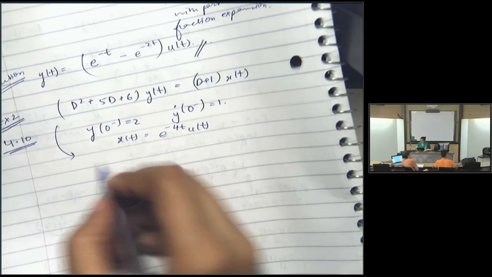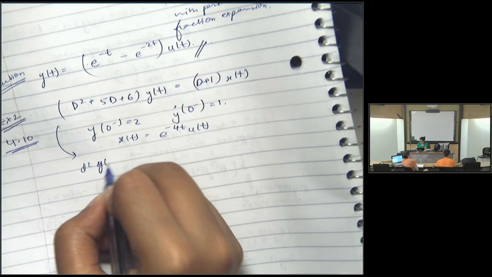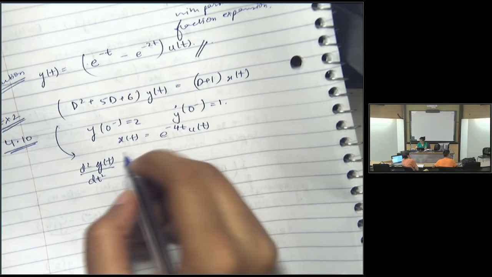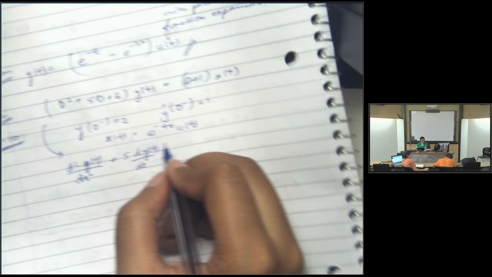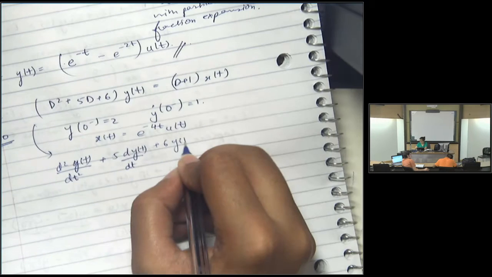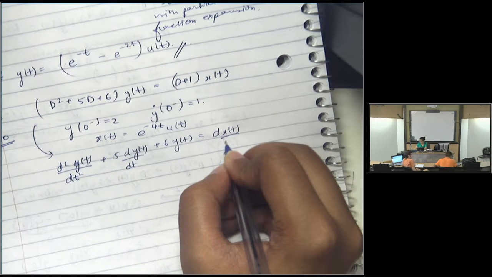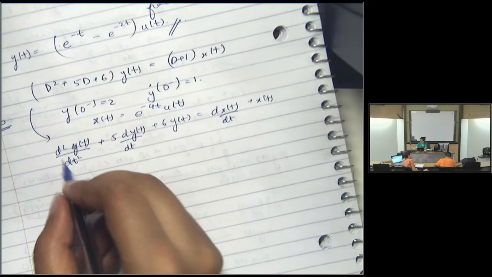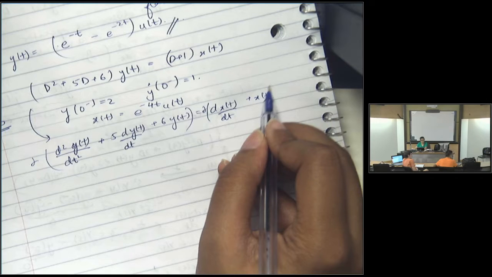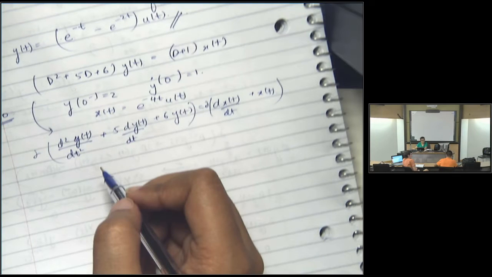All right, so this equation is equivalent to the second derivative of y(t) with respect to t plus 5 into the derivative of y(t) plus 6y(t) equals the derivative of x(t) plus x(t). Now I'm taking the Laplace of both sides, and again using my properties.